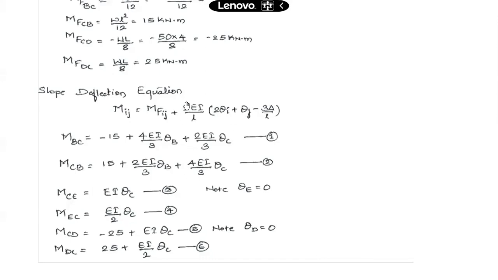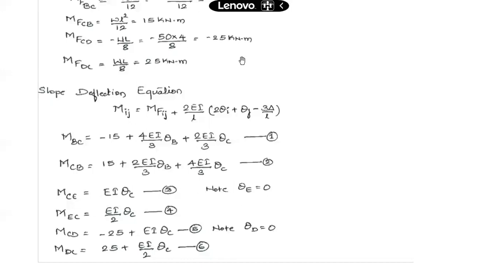Simply I'll be left with 2EI by 4 into 2 times theta C, that is 4EI by 4 into theta C. Altogether, MCE will be EI into theta C. This is the slope deflection equation for member CE with respect to joint C. This is the third equation.